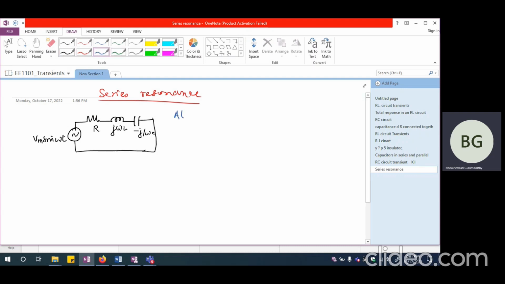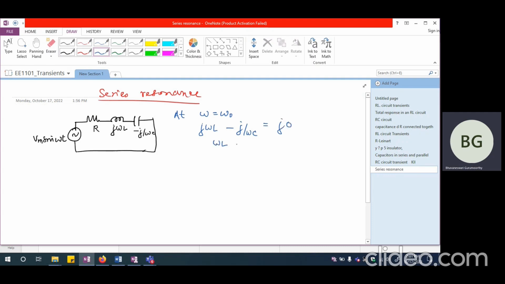So at omega equal to omega naught, we are going to have j omega L and minus j by omega C, both of them cancelling with each other. So this is going to be essentially equal to j times 0.